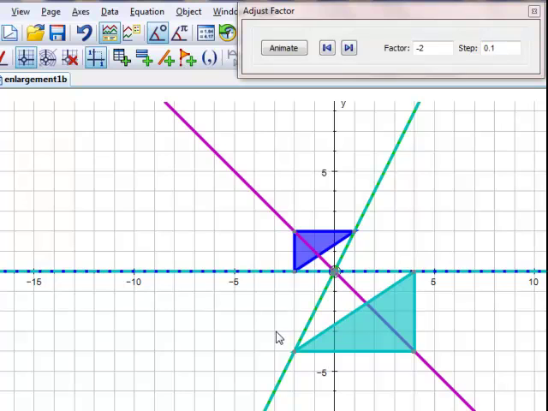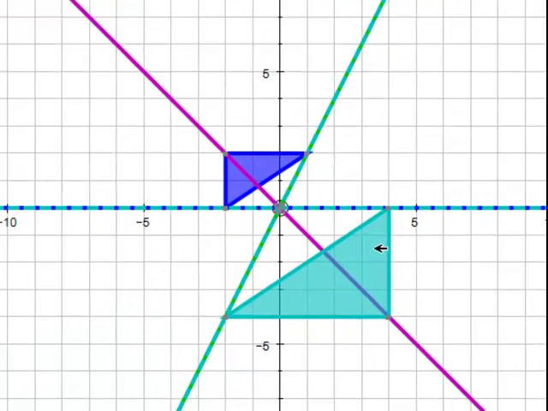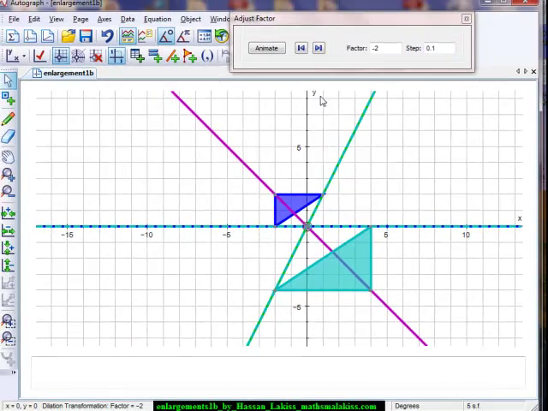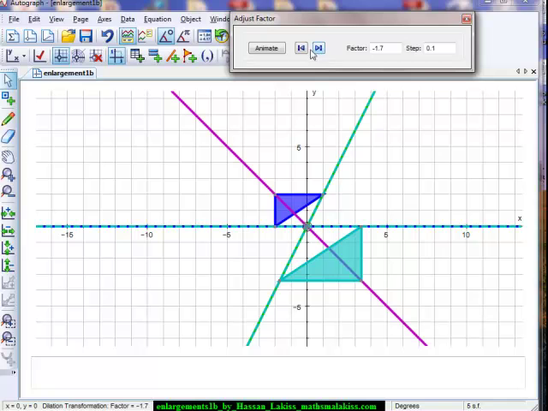The question is, if I need 2 transformations to take me from there to there, what would they be? Well, if you rotate that 180 about the origin, and then enlarge with scale factor +2, you would get this shape here. You can do that using tracing paper. Rotate 180 and then enlarge it the same way we've been doing before. Take it down to -3.